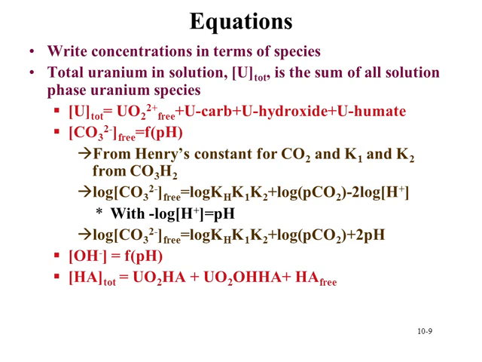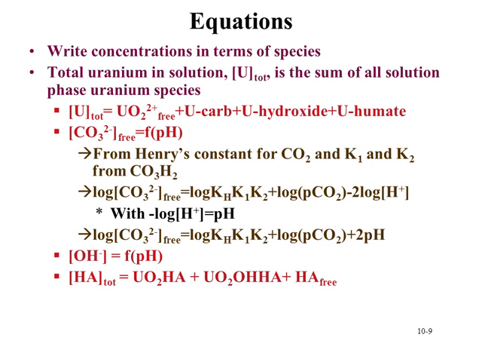Since carbonate is a function of the speciation, we also need to know something about the carbonate concentration. We can actually get the carbonate concentration as a function of pH. If we utilize Henry's constant for CO2, in other words, if I know how much CO2 is in the gas phase, Henry's constant will tell me how much goes into an aqueous phase. That'll form carbonic acid. And if I know my protonation constants for carbonic acid, I can actually write an equation where the log of the carbonate concentration is equal to the log of the constants plus the log of the CO2 partial pressure minus 2 times the log of the proton concentration.